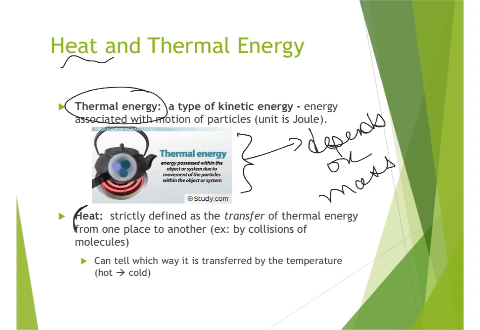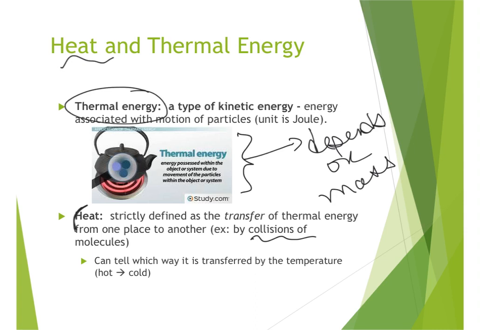Heat is a process, really. It's the transfer of thermal energy from one system to another, and it's done in a number of ways. One of the more common ways is through collisions of molecules. Remember, thermal energy is a type of kinetic energy.